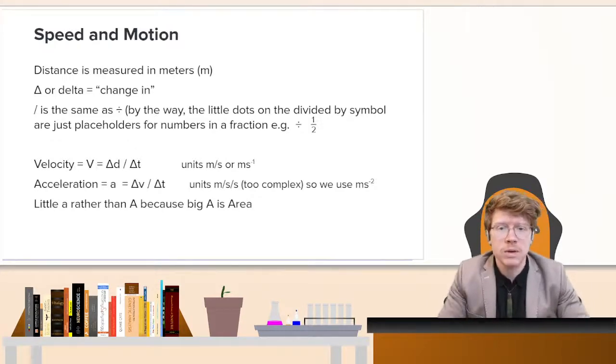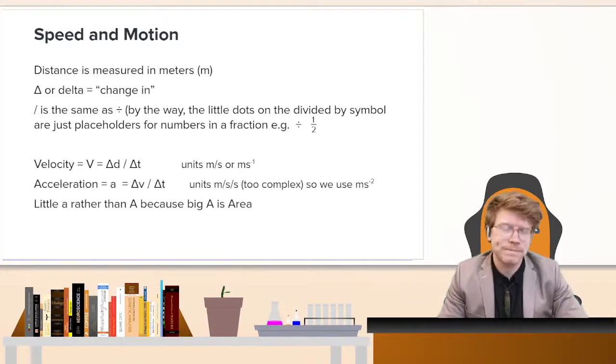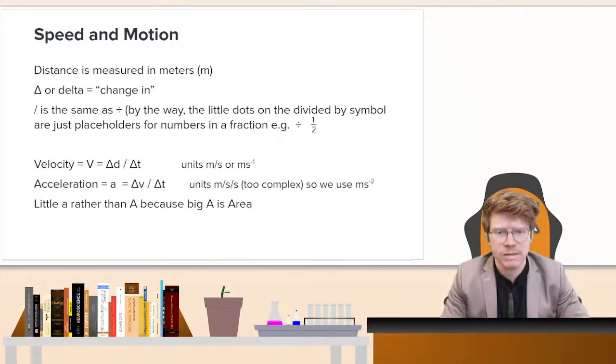So the symbol triangle, right, or the Greek letter delta, just means to change in, right? And normally we use that symbol where we want to point out that we're not using something in its absolute sense.